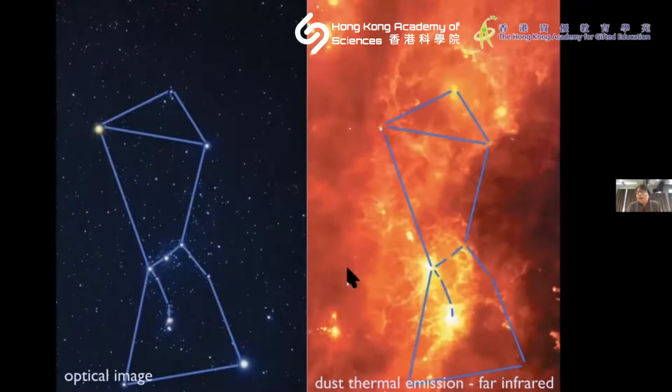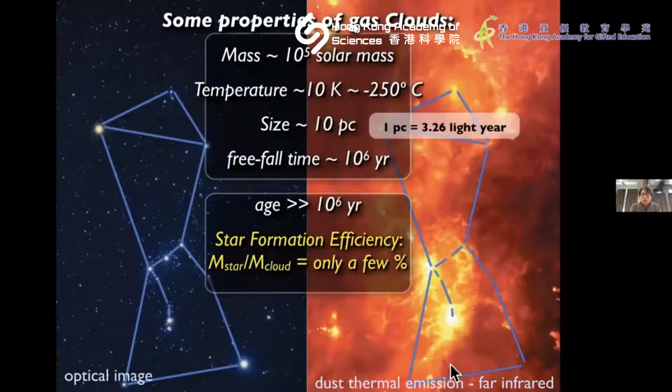And if you learn thermal physics, then you will be able to not only see them, but also estimate the mass of this gas and estimate their temperature. So we do so, and we find that the total mass involved in this Orion collection of dense gas is as massive as 100,000 suns.